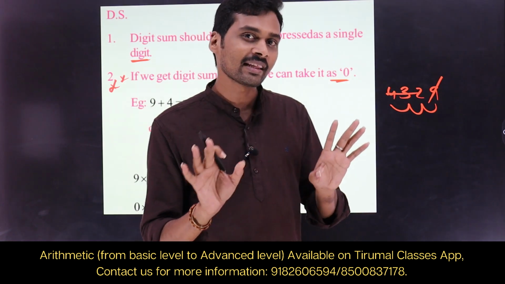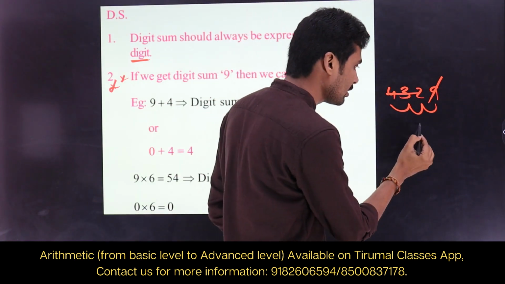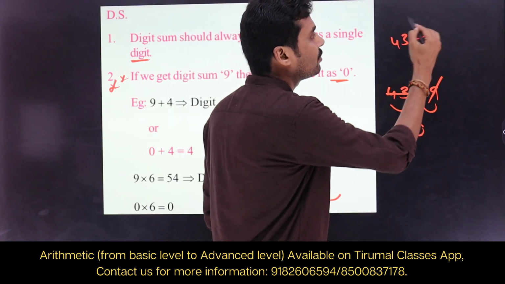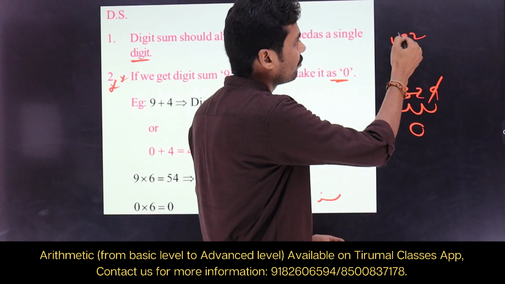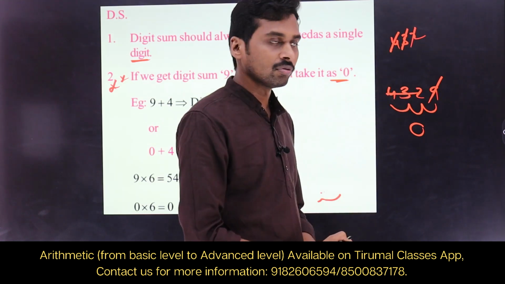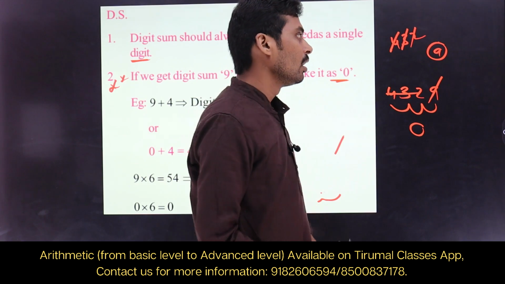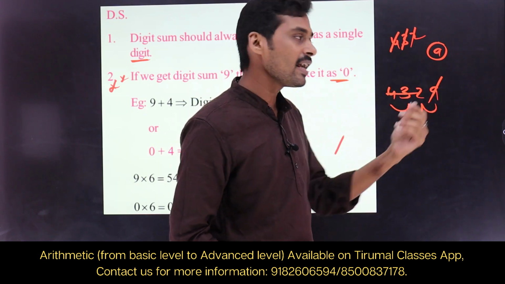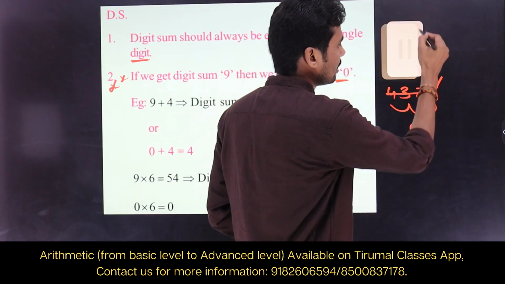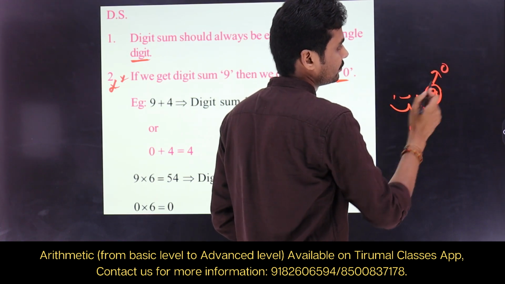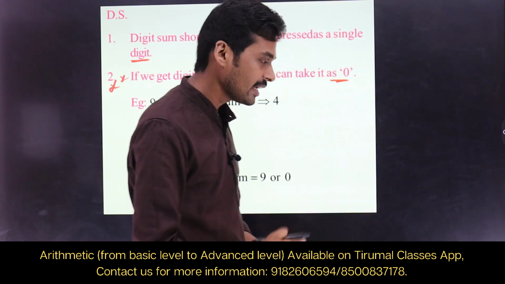So we are left with nothing, that is 0. When I take 432, 4 plus 3 plus 2 is 9, so we can cancel out all the numbers. So that's why we can express 9 as 0. 9 means you can take it as 0.